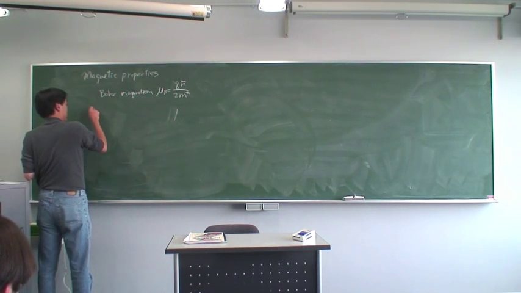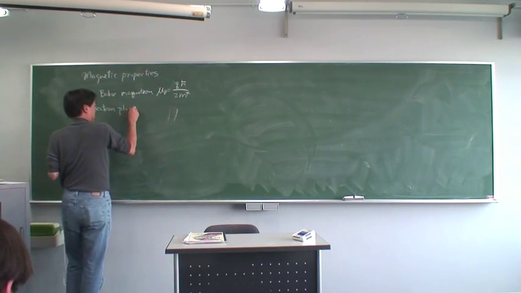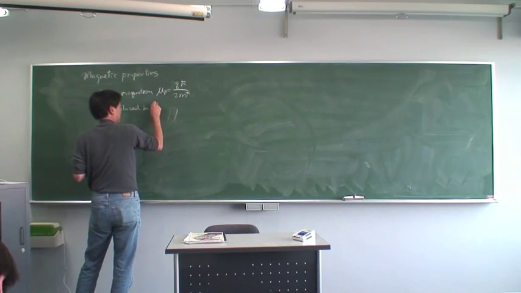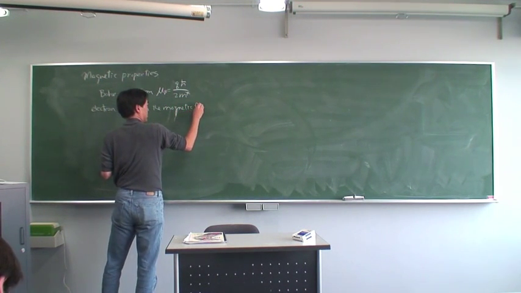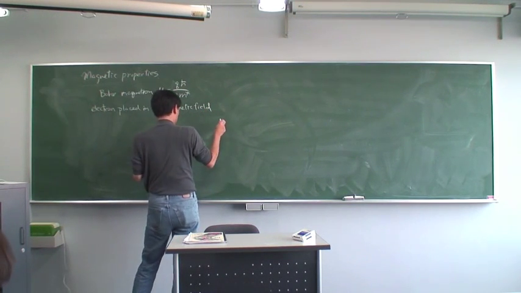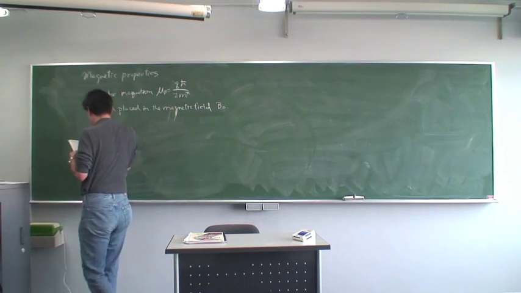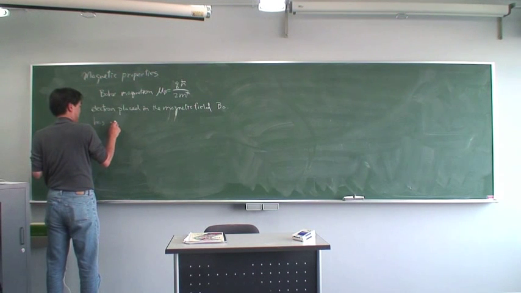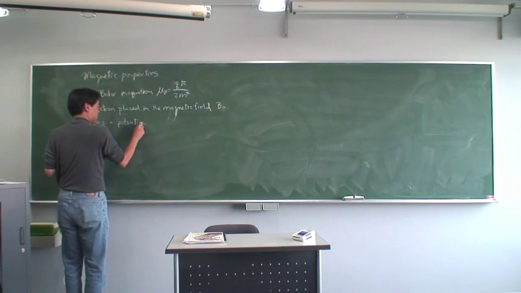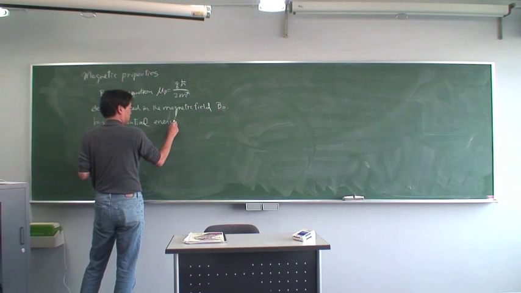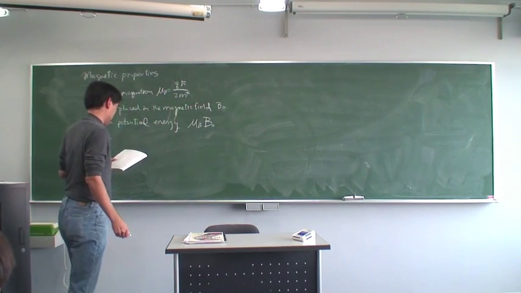Then an electron placed in the field B naught has a potential energy mu B B naught. Okay?